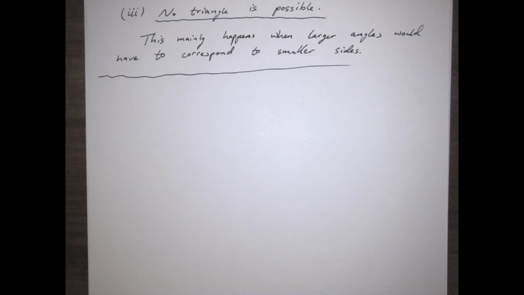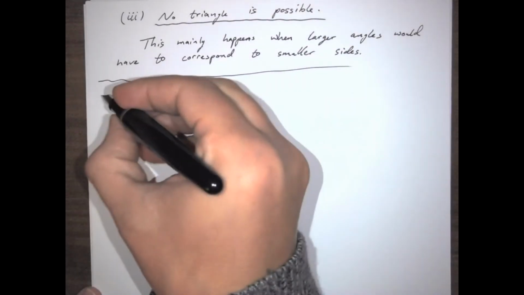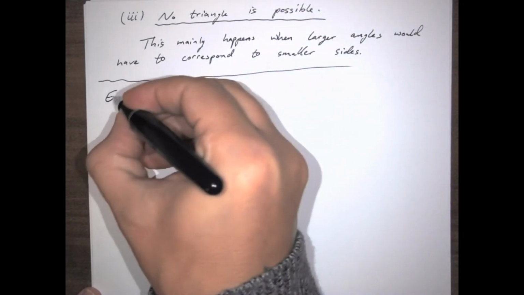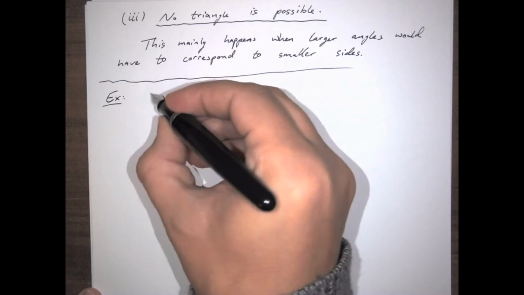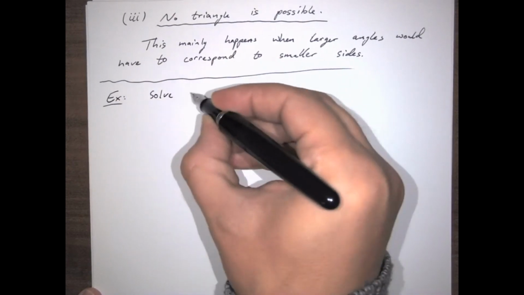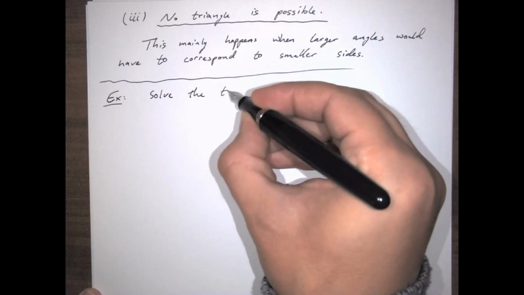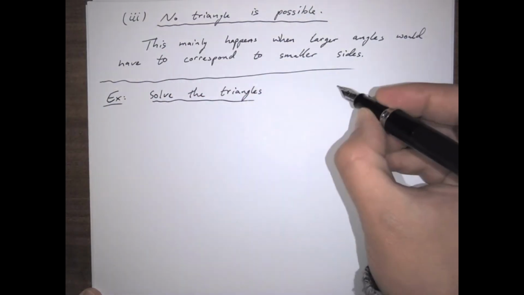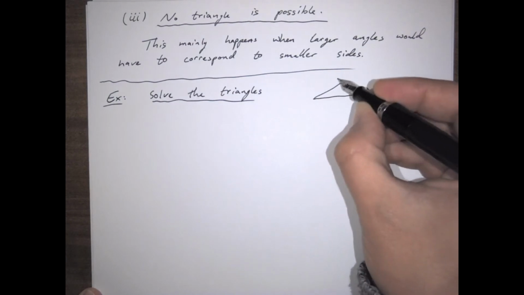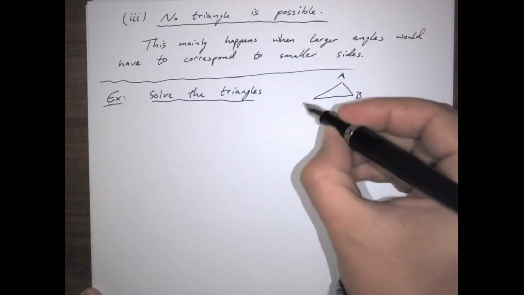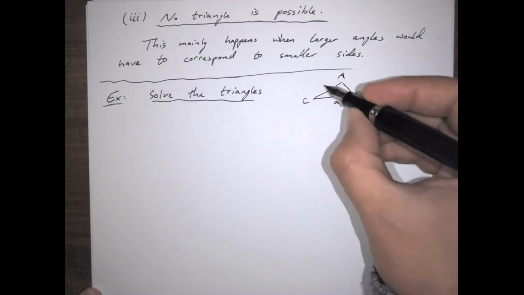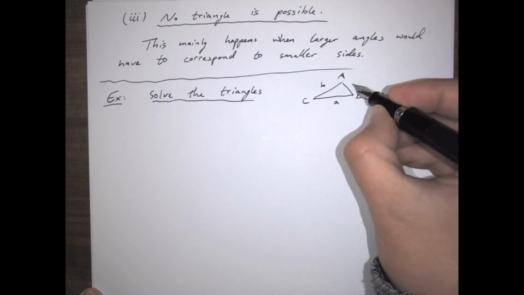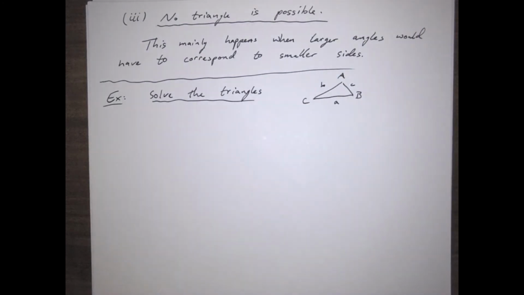All right, so let's solve the triangles. Here we have capital A, B, C, no particular order, and little a, little b, little c. These triangles will not be drawn to scale.